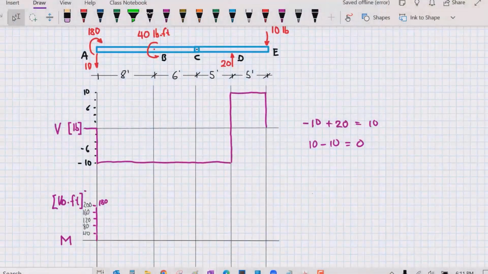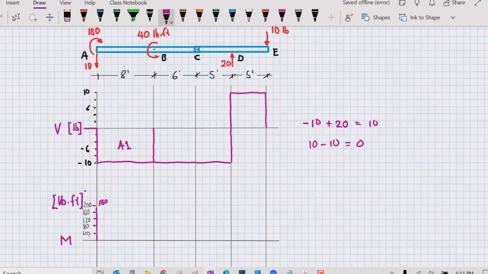Area 1 will be minus 10 times 8, so minus 80. So I have to do 180 minus 80 equals 100.